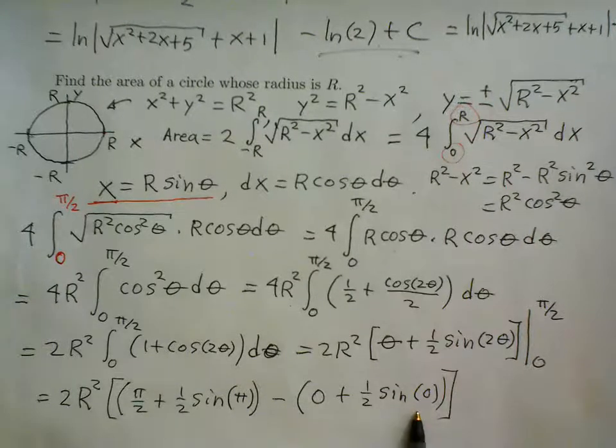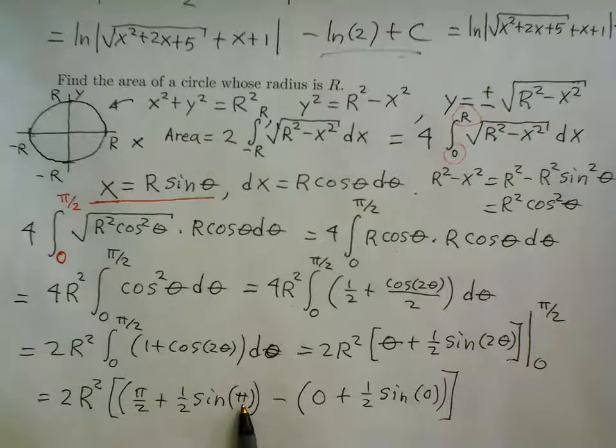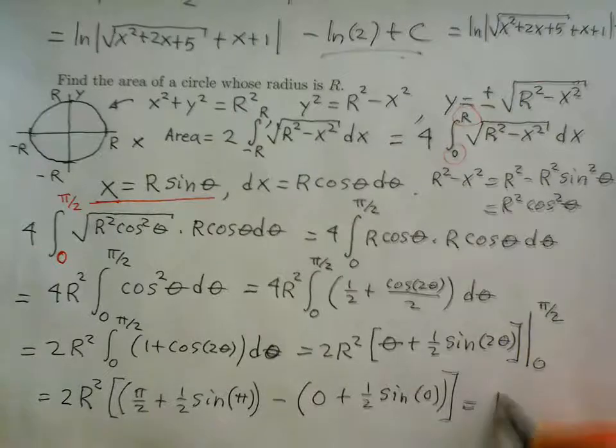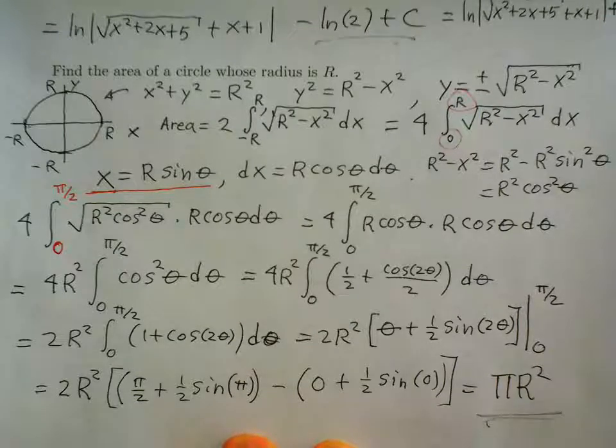So sine of 0 is 0. Sine of pi is 0. So the only thing that survives is pi over 2. So 2r squared times pi over 2, the 2's cancel, and we get pi times capital R squared, which we knew all along was the area.